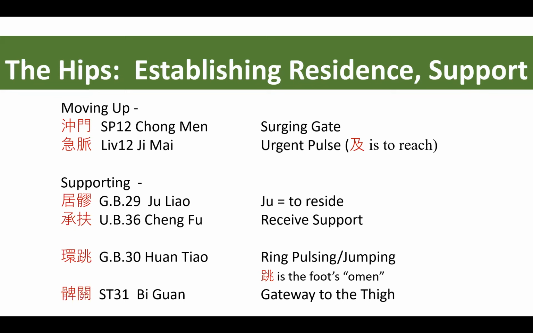So this is receiving everything from the leg and giving it a ring, a circle to, quote unquote, sit on, if you want. And then you have the gateway to the thigh. So this is what's happening at the hip level. We've established the capacity to support the spine and the torso.